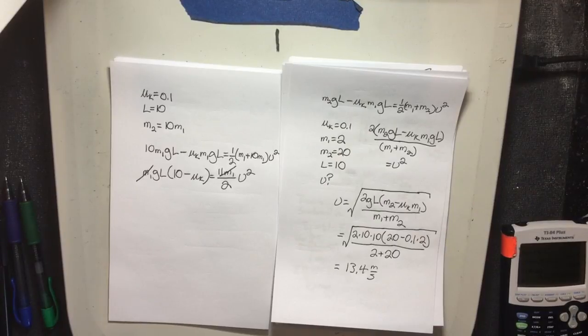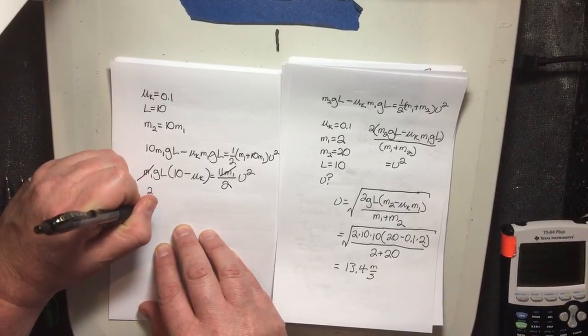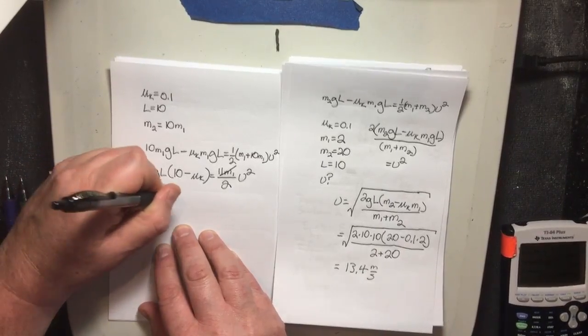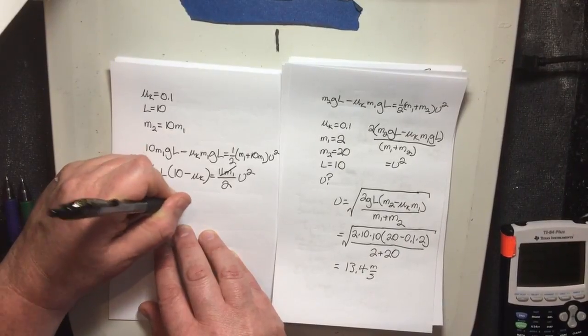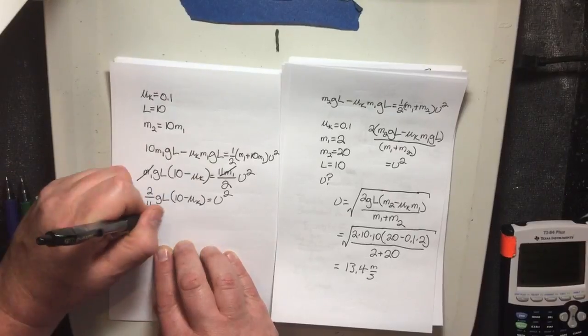In an Atwood's machine problem, you don't need the specific masses if you have the ratio of the masses. The masses go away. And then you're left with 2 over 11 GL times 10 minus mu sub k is equal to v squared.